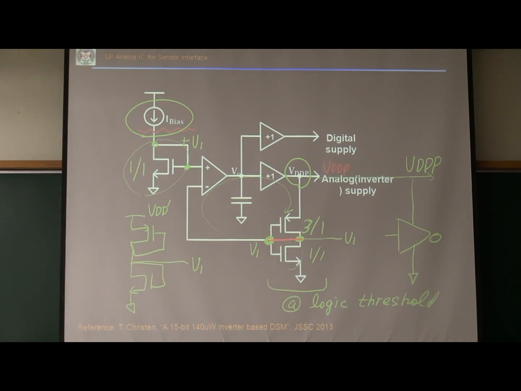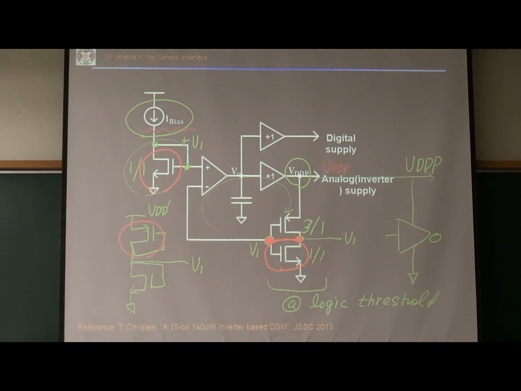There should be a connection there. I need to connect this gate and drain, input and output of the inverter. So this part is the same as that part, right? If this voltage is set the same as that voltage, then this voltage drop corresponds to the PMOS drop at the logic threshold, all right?